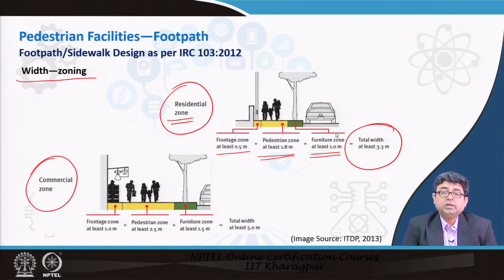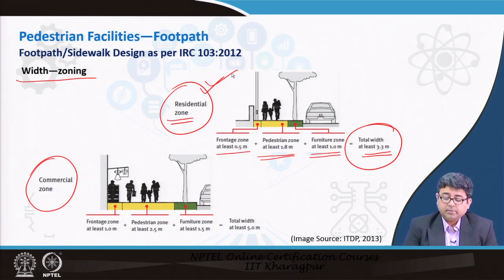So, when you see very narrow footpaths, you should always question them, you should always talk to your urban local bodies and say do not provide us anything less than 3.3 meters in front of my residence if you really are serious about people who would walk. There is no point just providing them with a 1.5 meter pedestrian zone.